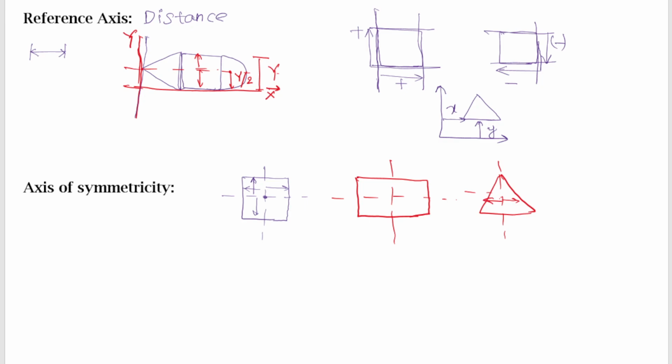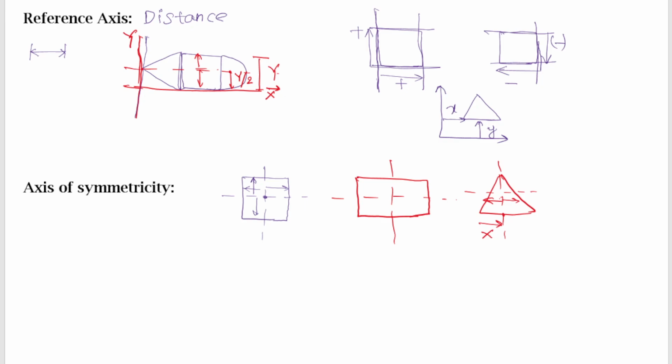But it does not have symmetricity in the other direction, meaning you cannot fold it in any way so that the top part coincides with the bottom part. So in this geometry, you need not find the location of x, since it will be half of the distance, but in the y direction you need to find it. It is not a standard topic, but it helps you save time in university exams.